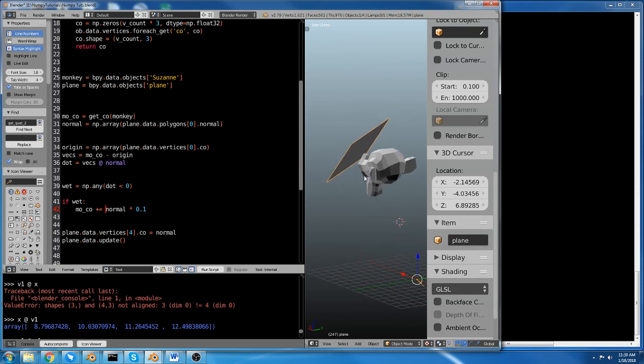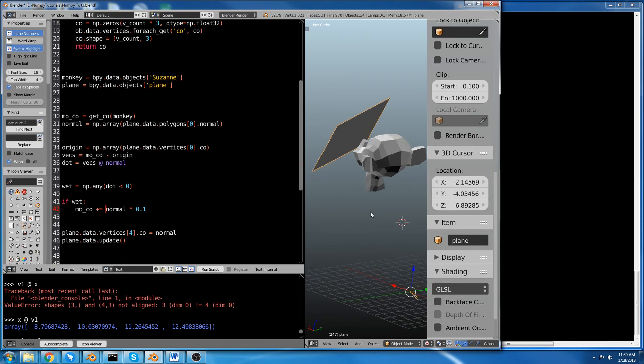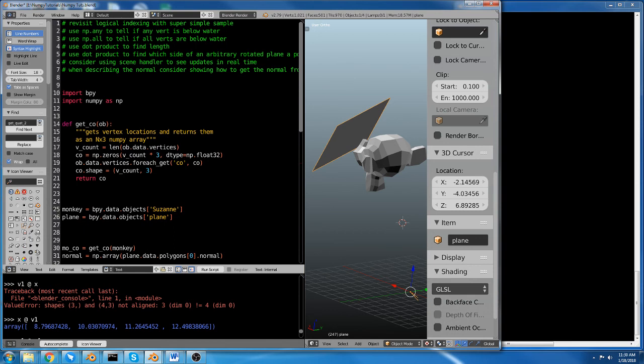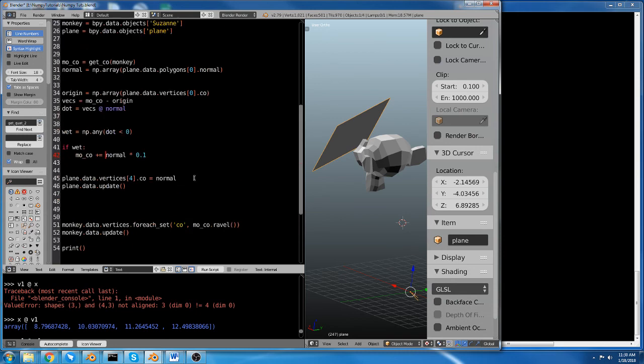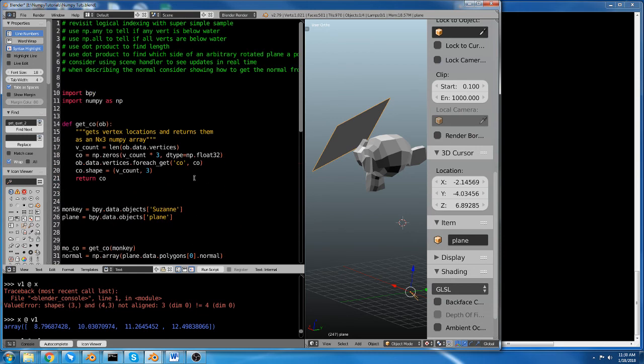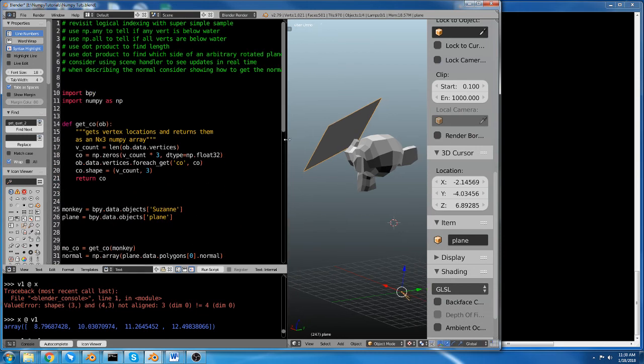In the next tutorial we'll get a little bit more in depth on that, and we'll also set up a math playground. I've got up here, consider using a scene handler to see updates in real time. I'll show you how to do that in my next tutorial, and that'll let us visualize our math a little bit more quickly and interact with it in real time.